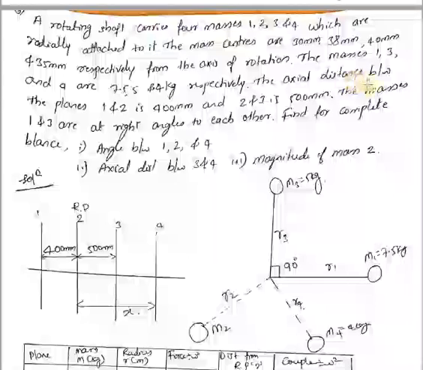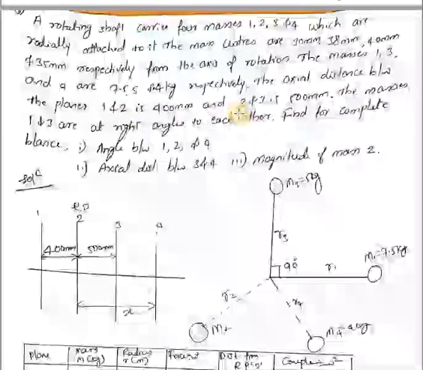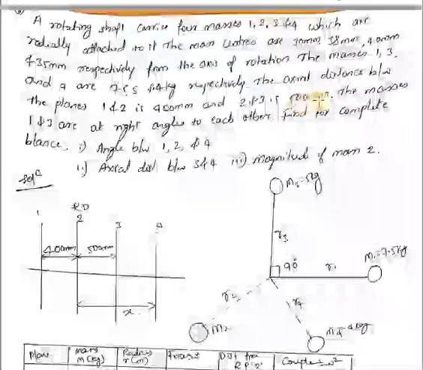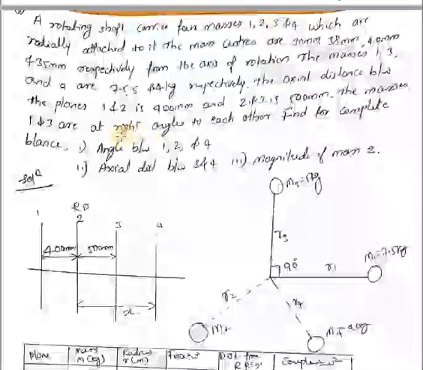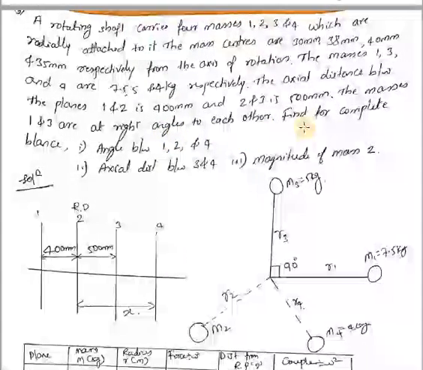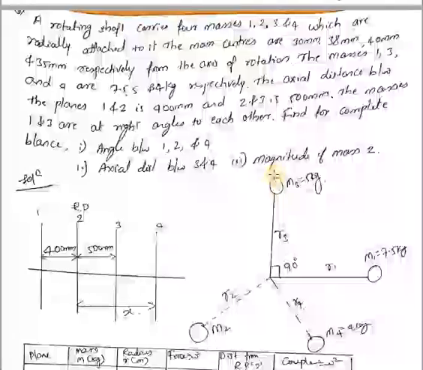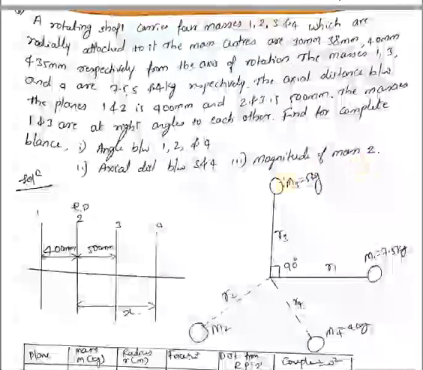The axial distance between planes 1 and 2 is 400 mm, and 2 and 3 is 500 mm. The masses 1 and 3 are at right angles to each other. Find for complete balance the angle between 1, 2 and 4, the axial distance between 3 and 4, and the magnitude of mass M2.